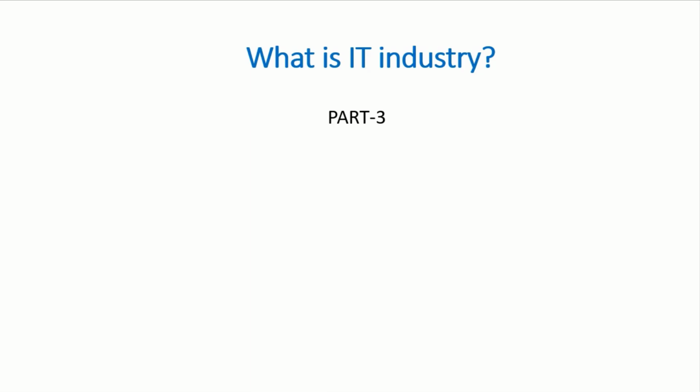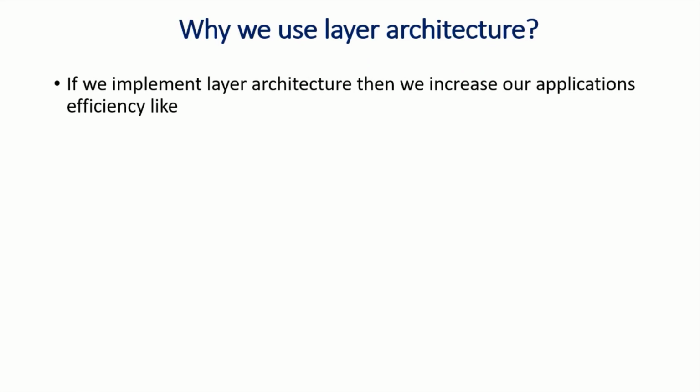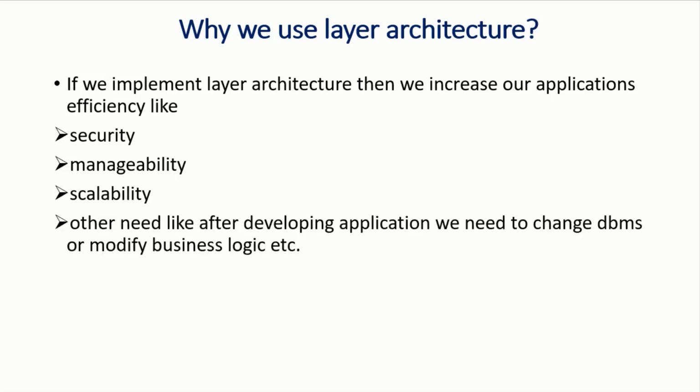So please pay attention. Why do we use layer architecture? If we implement layer architecture, then we increase our application's efficiency, like security, manageability, scalability, and other needs. For example, after developing the application, we may need to change the DBMS or modify the business logic.